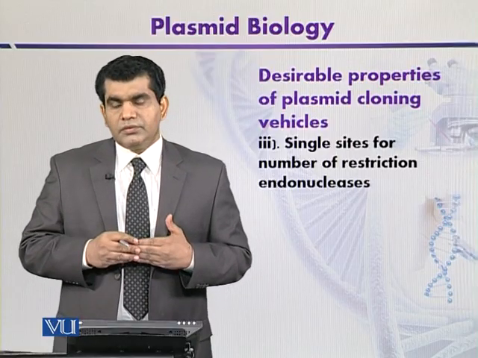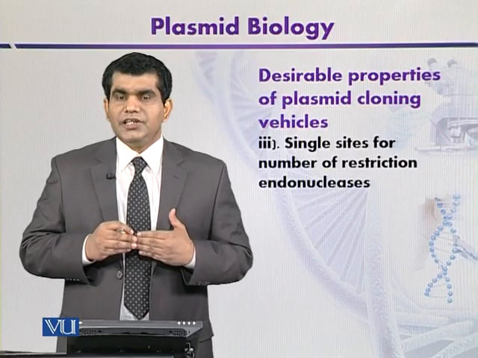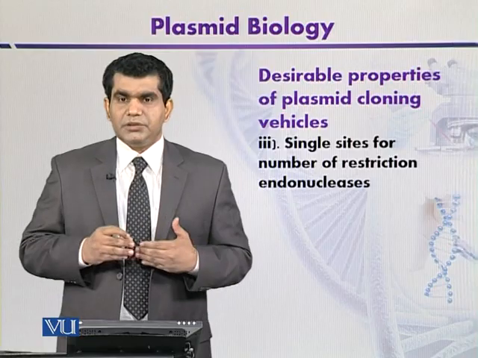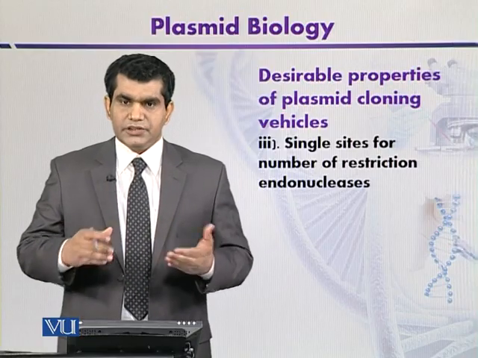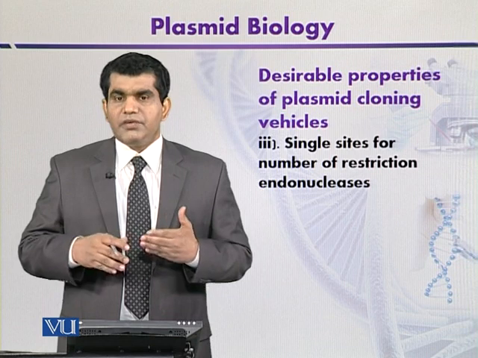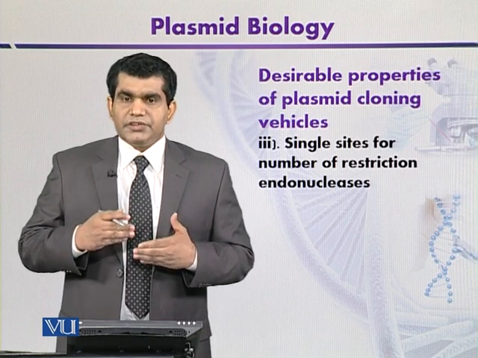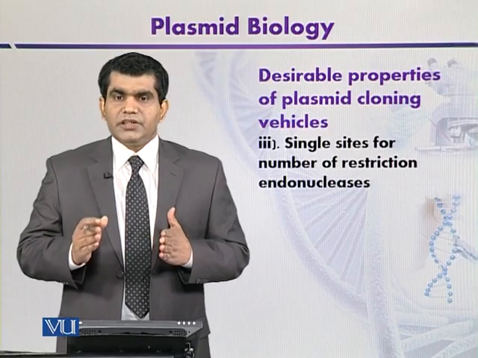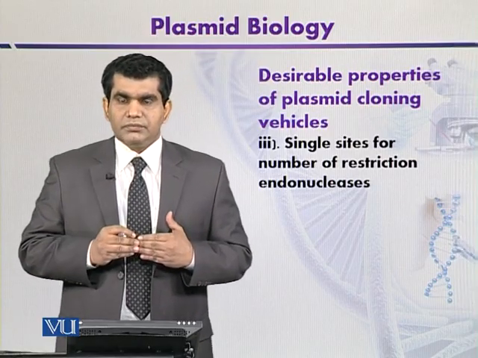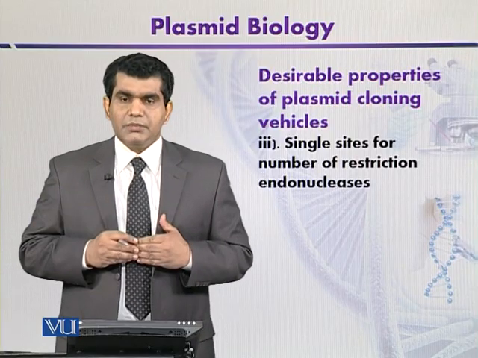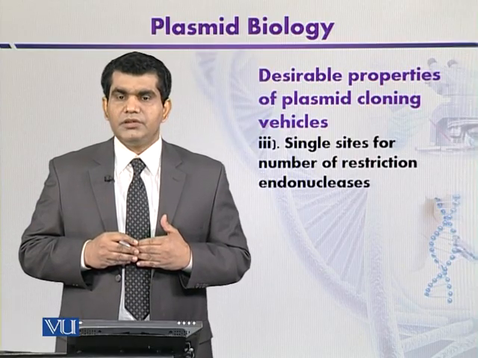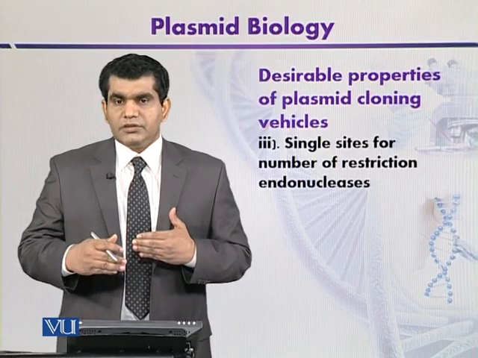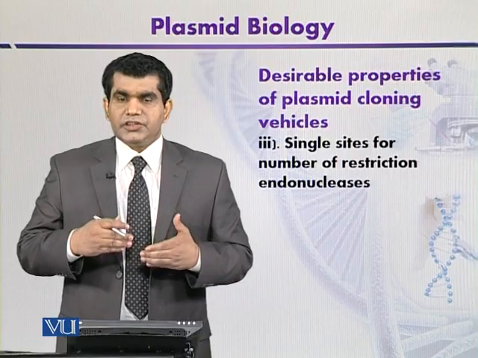And if this restriction site is present within a gene that is readily selectable, it is more advantageous. Suppose we have a tetracycline resistance gene, and if the target site is present within this gene, then the foreign DNA can be inserted here, and after insertion, the function of this tetracycline resistance gene is disrupted.